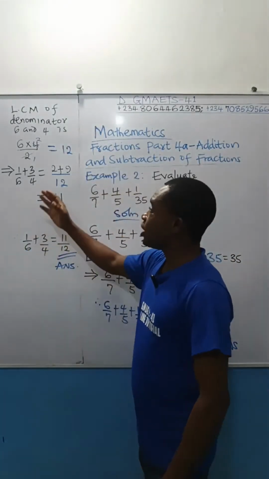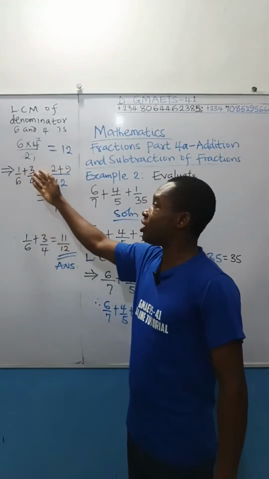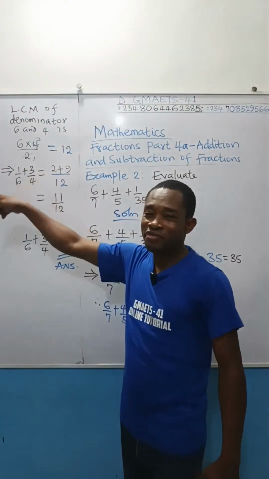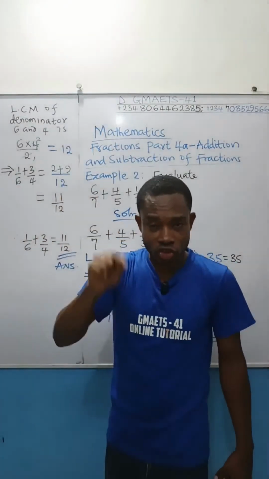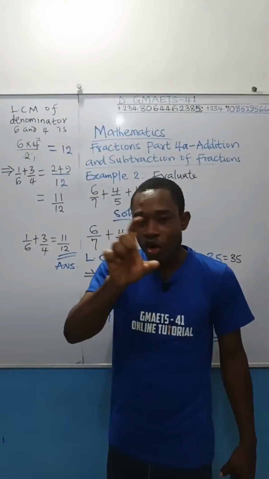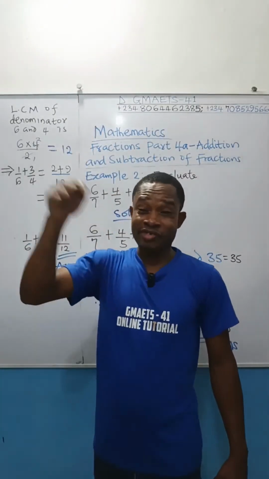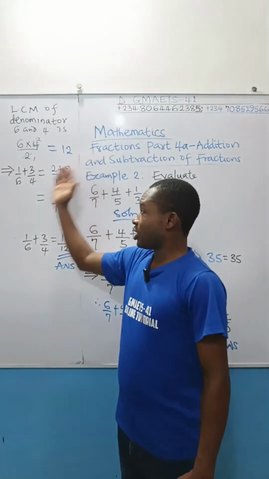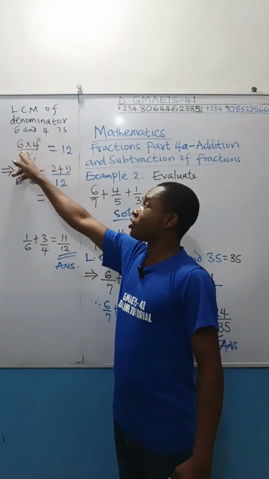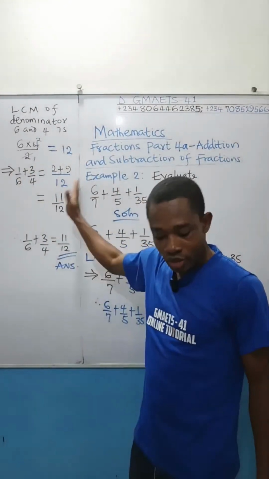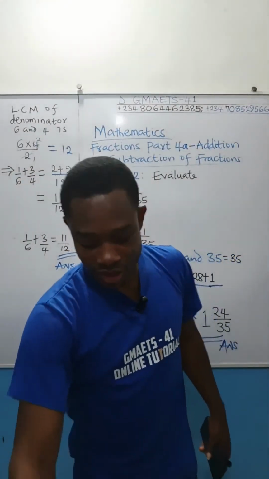In a case where the smaller number cannot divide the bigger one, but they have a highest common factor that can divide both of them, to get the LCM, simply multiply both of them and divide by the highest common factor. You get your LCM. Now let us look at our third question.